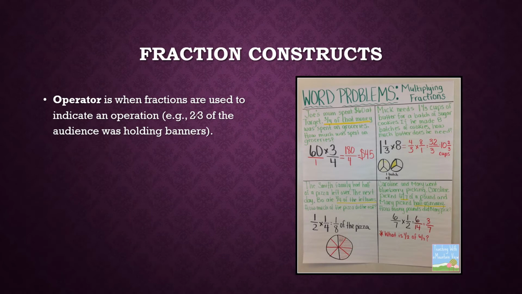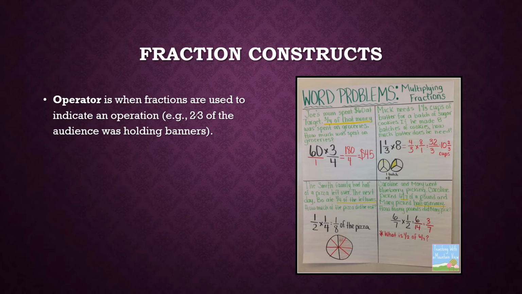The next fraction construct is that of operator. It's when fractions are used to indicate an operation, and usually we talk about this when we talk about multiplication, because "of" in math generally means to multiply. And here are some examples of word problems with multiplying fractions. Underlined there, 3/4 of the money. Of means multiply.